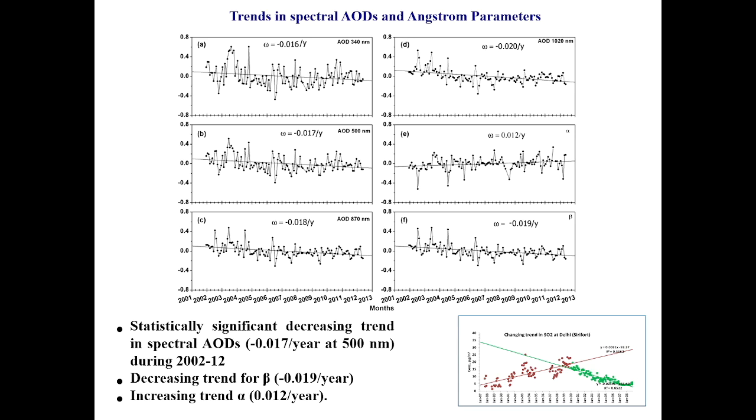But overall, there is an increase in the aerosol load over Delhi and in the rest of the country, which is causing the aerosol radiative forcing effect to increase over the period of time.